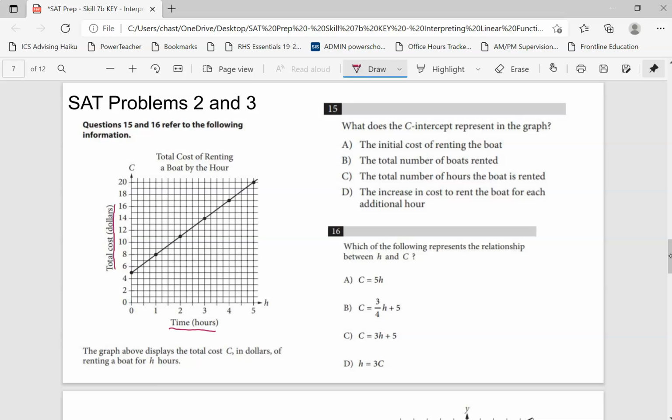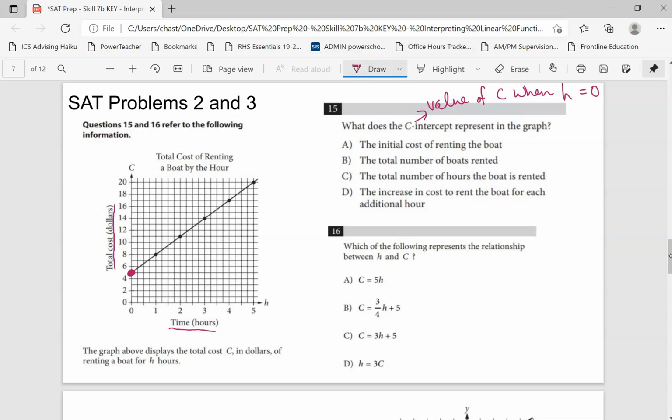So first we want to interpret the C-intercept. So when I look here, the C-intercept is this point right here, 5. And remember that a y-intercept occurs when, so this is the value of C when x equals 0, or I guess I should say h equals 0.